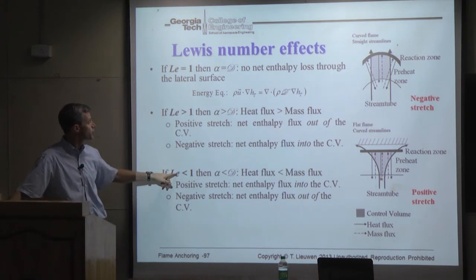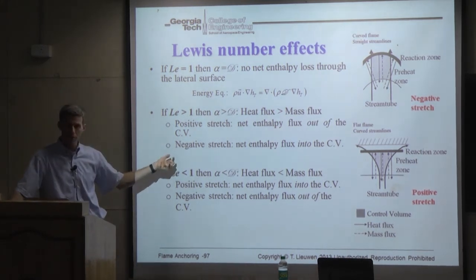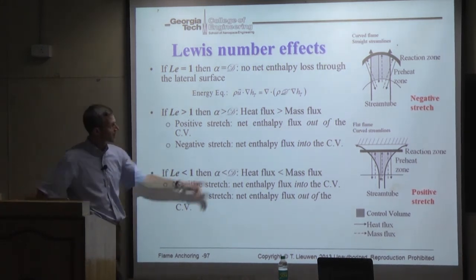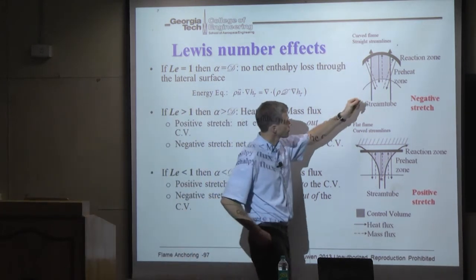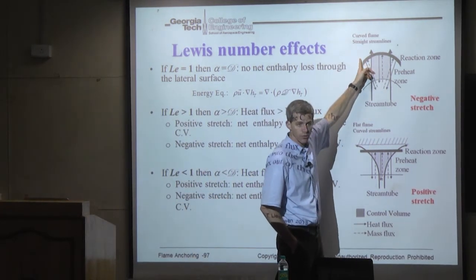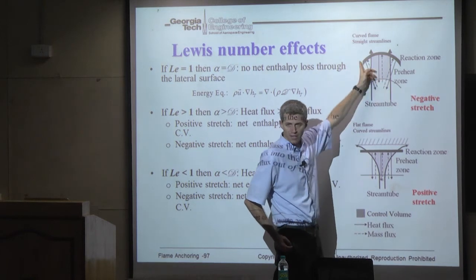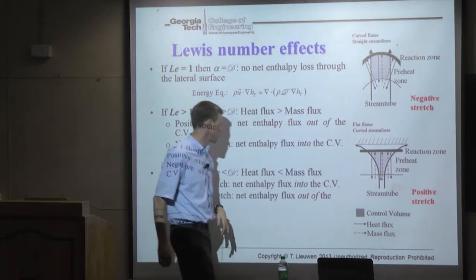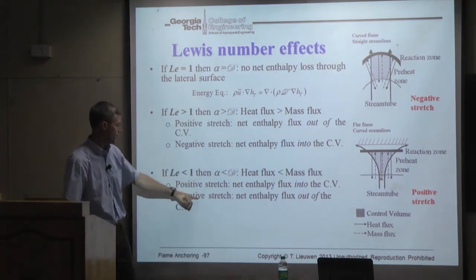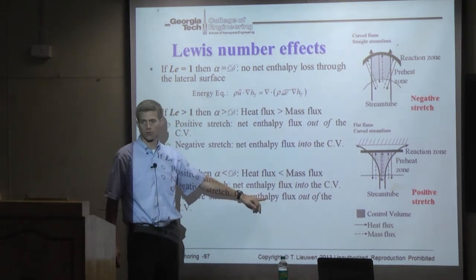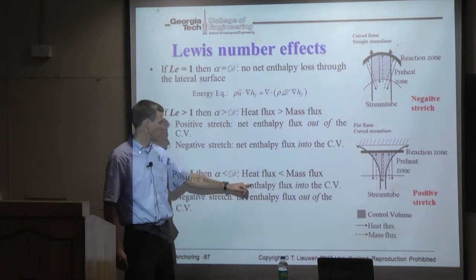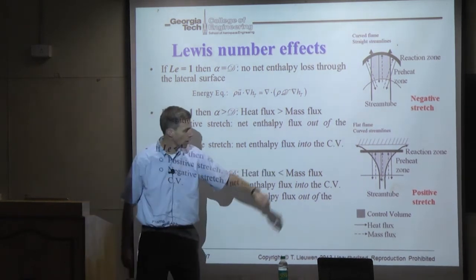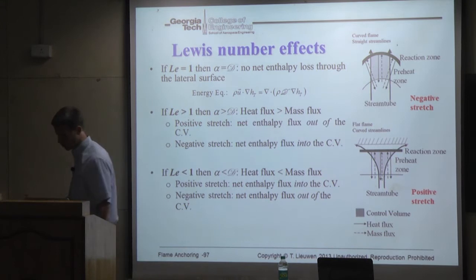Okay? Now, if the Lewis number is less than 1, everything flips, right? Going back to this picture, since I'm losing chemical energy through the sidewalls, and because the mass diffusivity is higher than the thermal diffusivity, I will actually have a net enthalpy flux out of the control volume. Whereas for positively stretched, I'll have a net enthalpy flux into the control volume.